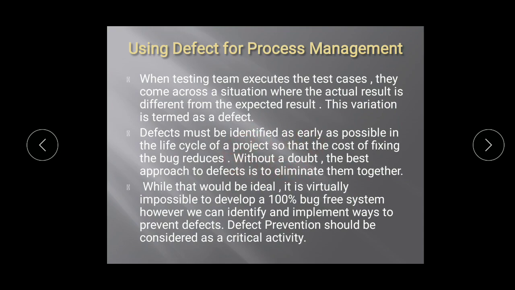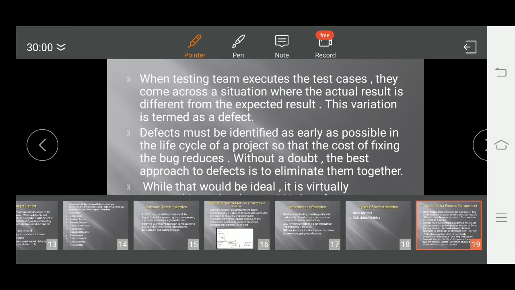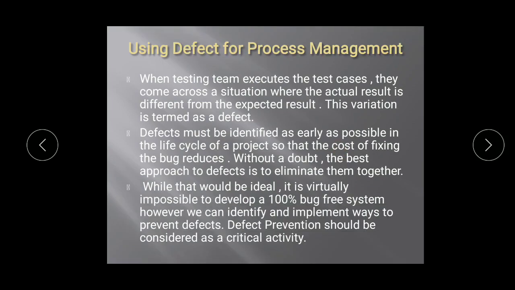Without a doubt, the best approach to defects is to eliminate them altogether. To check and eliminate them altogether can be one solution for this. While that would be ideal, it is virtually impossible to develop a 100% bug-free system. So it is not possible for us to prepare a 100% bug-free system. However, we can identify and implement ways to prevent defects.